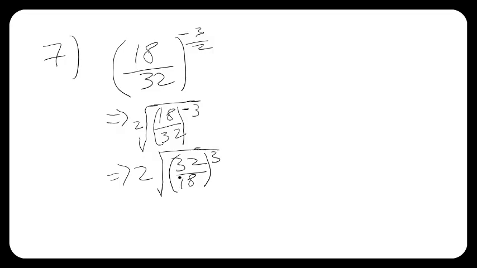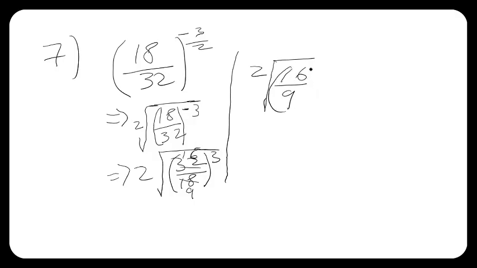So let's see if they have something that can go in both of them. So 2 goes here, 9. 2 here, 16. So you're having 16 over 9. Square root of 16 over 9 is to the power 3.